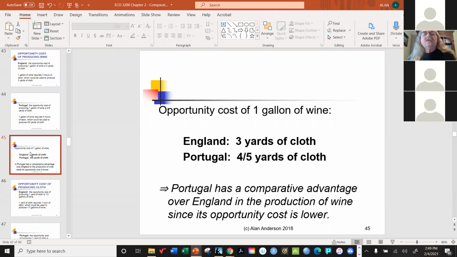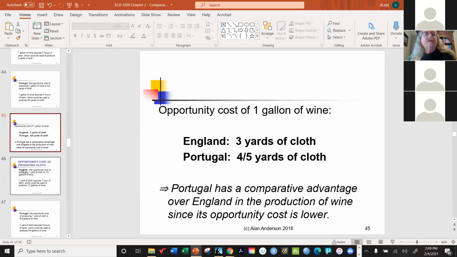Now, the other two are very easy. I'll tell you why. We don't even have to go back to the chart. To make the cloth, the opportunity costs are simply the inverses of these numbers. In other words, if you look at it carefully, you'll see that for England, the opportunity cost of the cloth is 1/3 of a gallon of wine.